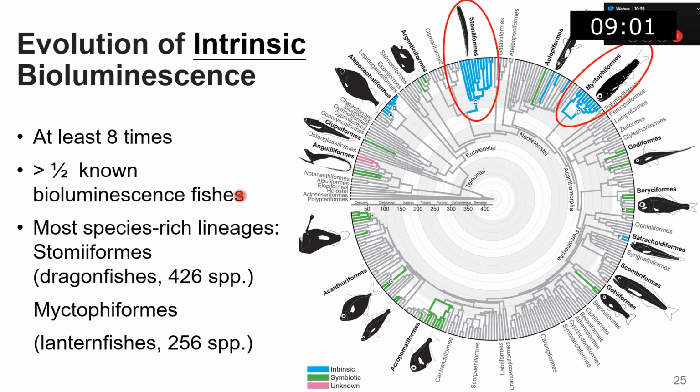It includes the two most species-rich lineages: the dragonfish order Stomiformes, including 426 species, and the Myctophiformes, the lanternfish order, including 256 species.